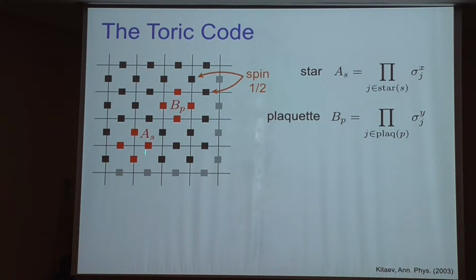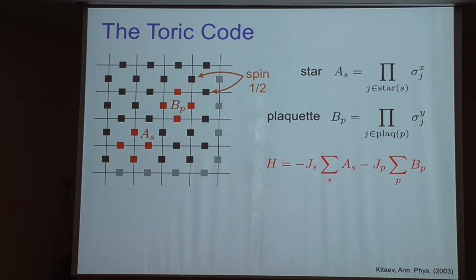I've highlighted this here in red. This is a 4-body interaction, and in the notation that I use, a star interaction is a product of 4 sigma x operators. These are just Pauli operators on the spin 1/2s. The plaquette interaction is a product of 4 sigma y. The important thing is, of course, that these two are different. And then the toric code Hamiltonian is just a sum over all possible star interactions and all possible plaquette interactions.